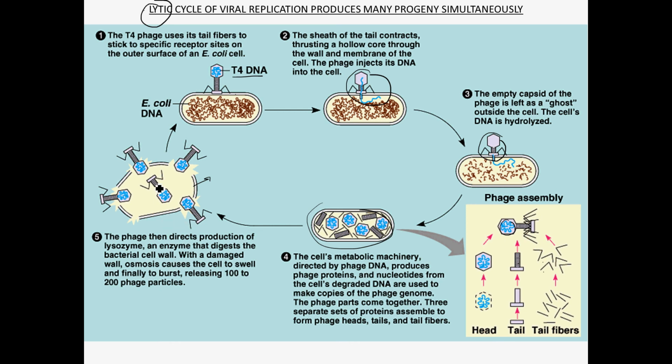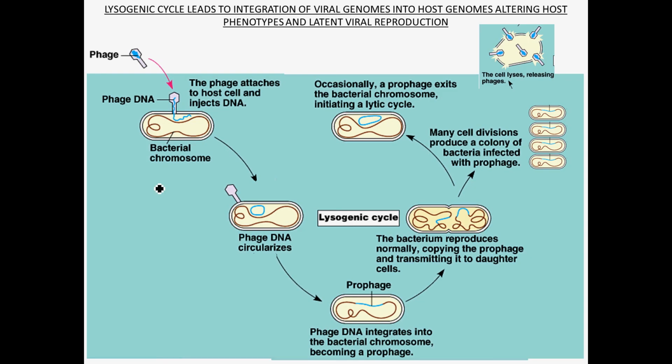The lytic cycle is basically what we described there, but there's also a lysogenic cycle, which is similar but different. In the lysogenic cycle, our phage or virus docks on the surface of the cell, injecting the viral DNA, but in this case the viral DNA does not lead to the hydrolysis or breaking down of the host DNA.